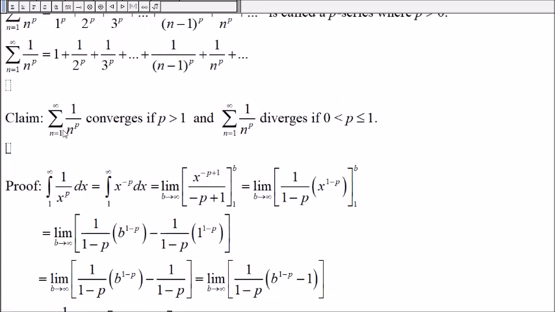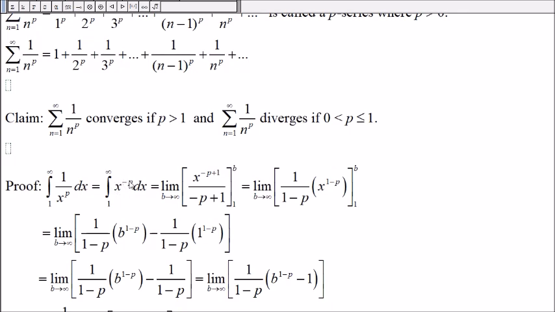And so we use the integral test. The corresponding continuous function is 1 over x to the p. 1 over x to the p can be rewritten as x to the negative p.